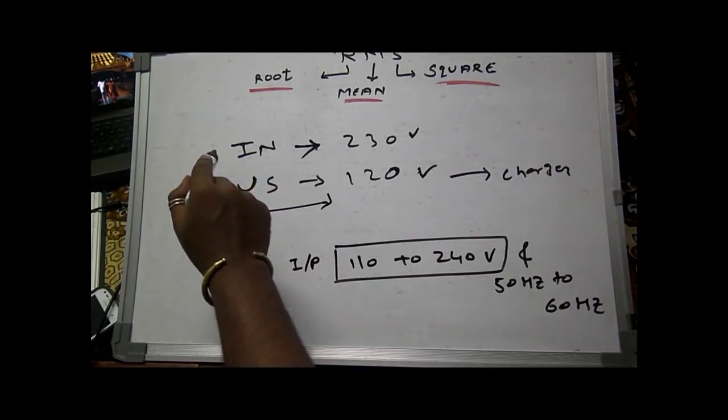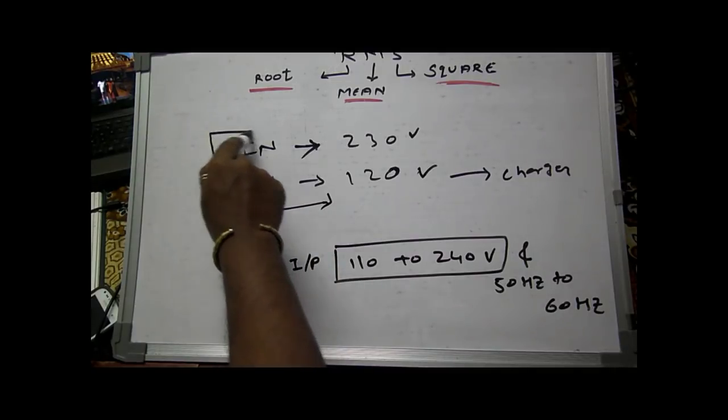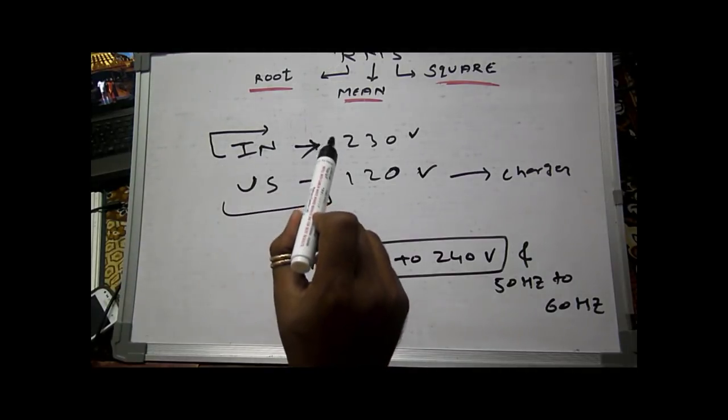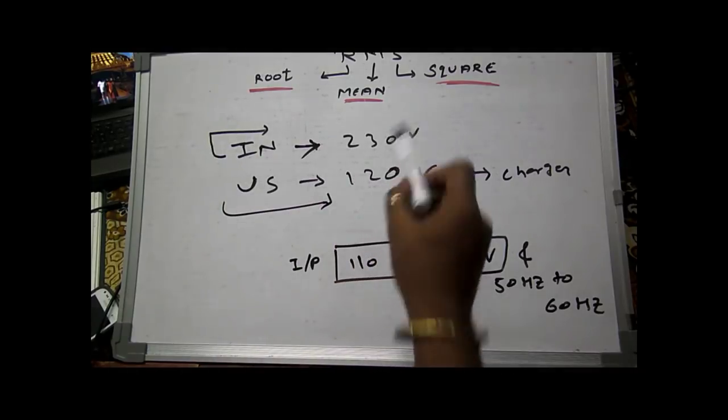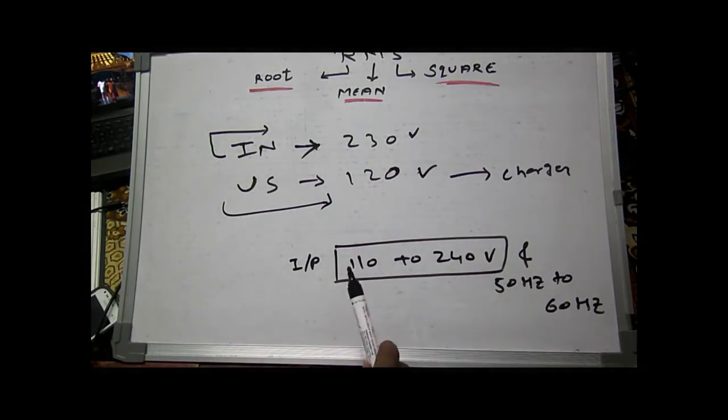And if it is made in India, it will not be written only as 230 volt input. It is always written as a range, 110 to 240 volts and 50 hertz to 60 hertz, because in India it is 50 hertz and in the US it is 60 hertz.